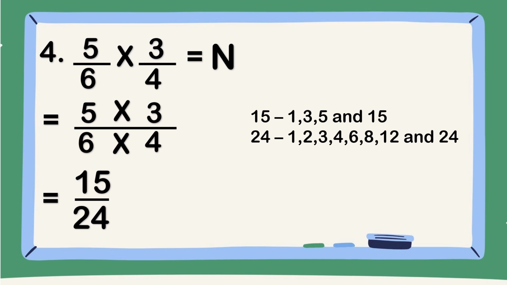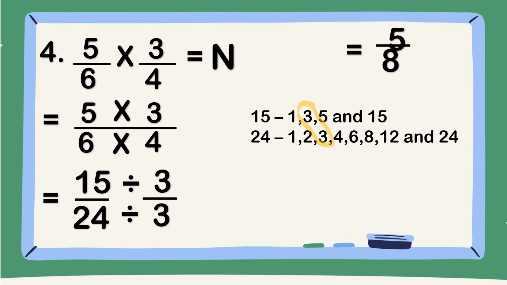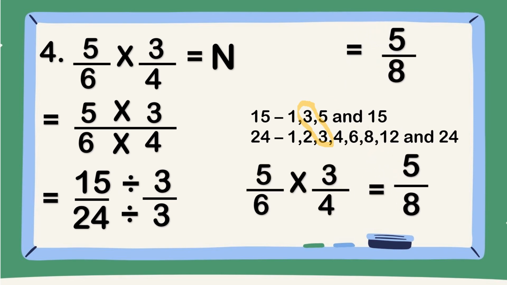So the greatest common factor of 15 and 24 is 3. So we will divide 15 by their greatest common factor 3. 15 divided by 3 is equal to 5, and we will also divide 24 by 3. 24 divided by 3 is equal to 8. Okay, 5/6 times 3/4 is equal to 5/8.